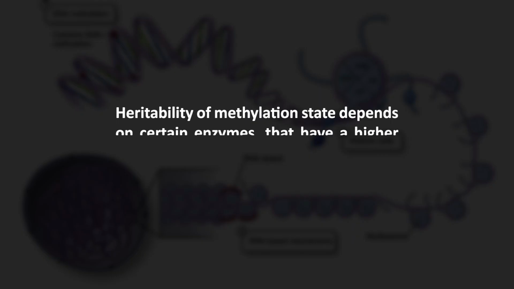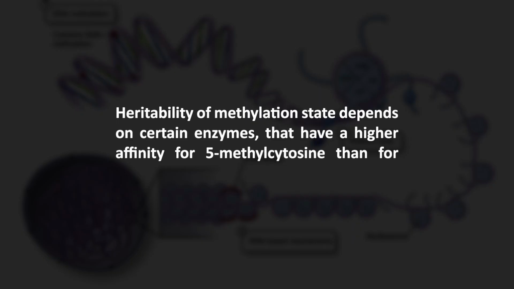Mechanisms of heritability of histone state are not well understood. However, much is known about the mechanism of heritability of DNA methylation state during cell division and differentiation. Heritability of methylation state depends on certain enzymes that have a higher affinity for 5-methyl cytosine than for cytosine alone.